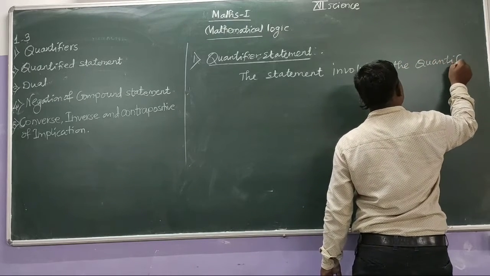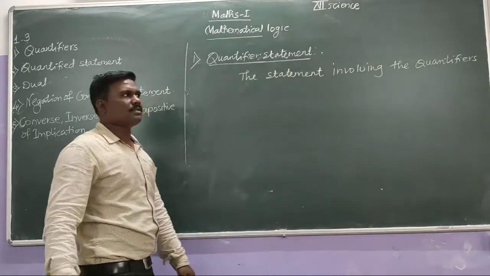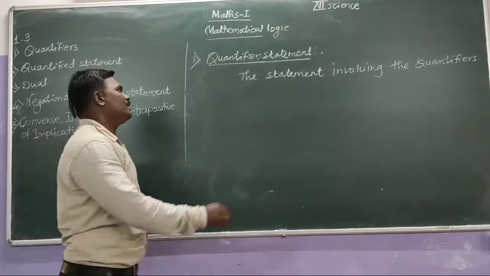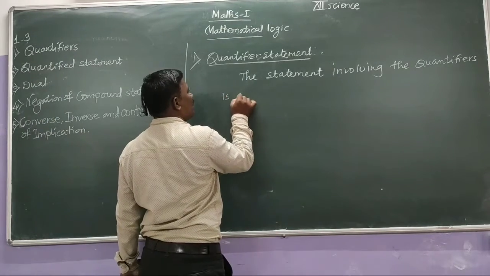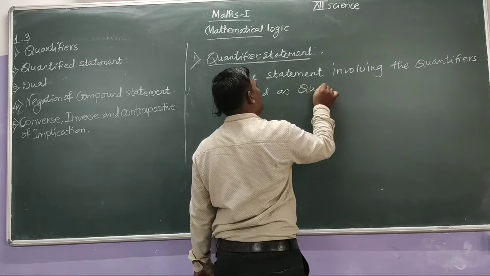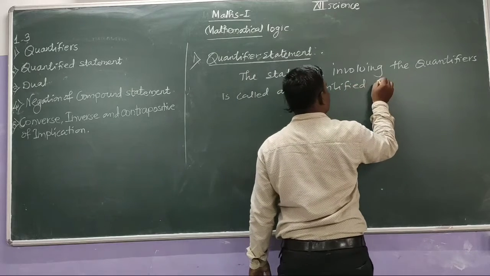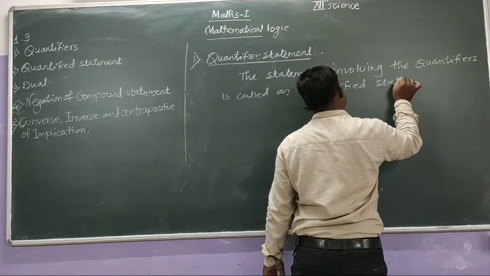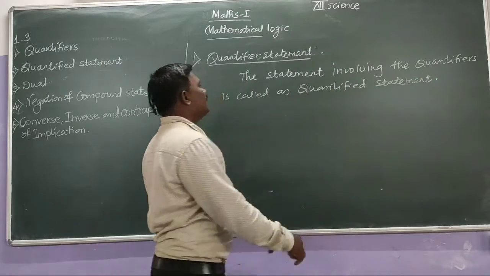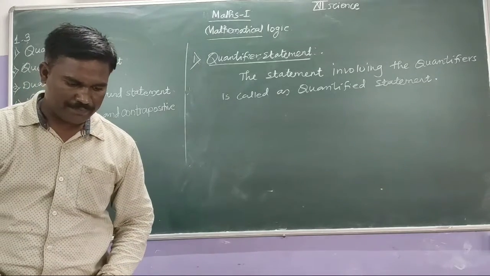There are two types of quantifiers, existential quantifiers and universal quantifiers. The statement involving the quantifiers is called a quantified statement. That is the definition of the quantified statement.